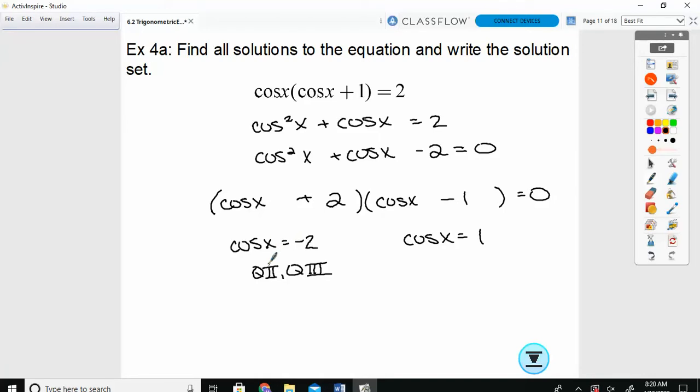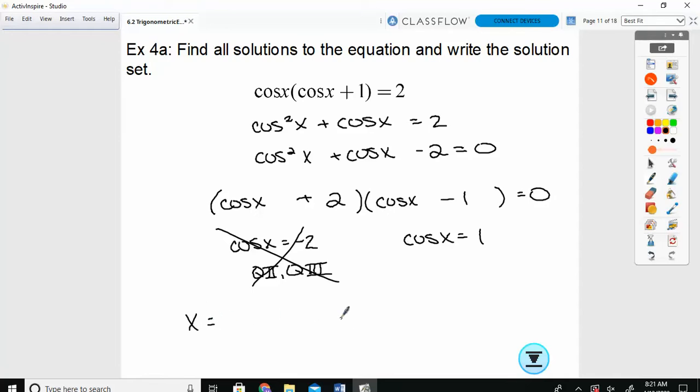No. Try doing that on your calculator. Cosine inverse of 2. What does it tell you? Error. Yeah. Cosine can only be things between negative 1 and 1. So do I even have to worry about this? Nope. It won't work. So all I really have to figure out is when cosine equals 1.